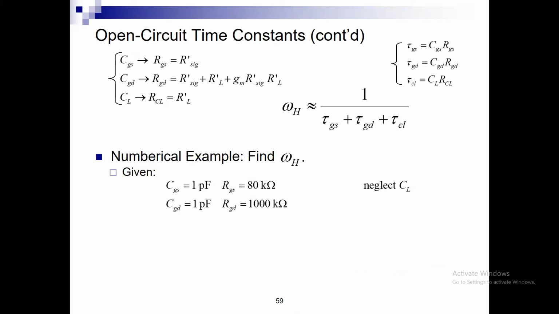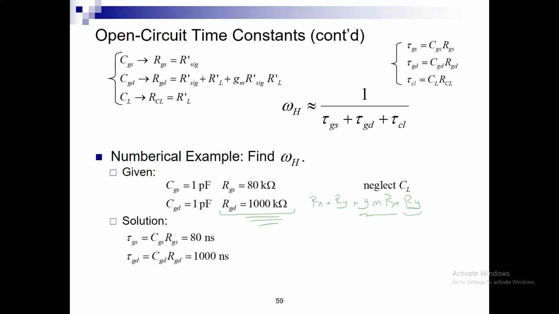You can clearly see, because RXY here, RX plus RY plus GM RX RY, always GM times a resistor is a gain, so this is much larger, times a resistor, and therefore from this method we can find the time constant and we can find the frequency.